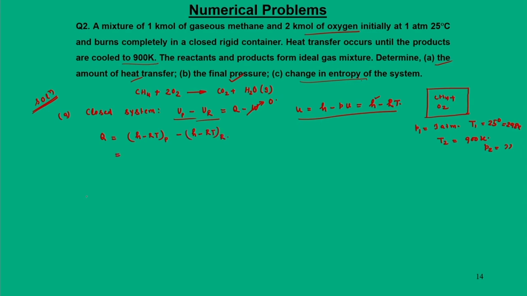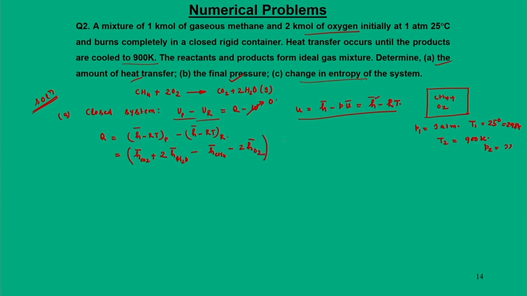The products formed are CO2 and H2O. We can write them as H bar CO2, of course all are molar values, plus twice H bar H2O, 2 moles of H2O. For the reactants, it is H bar CH4 minus twice H bar O2.